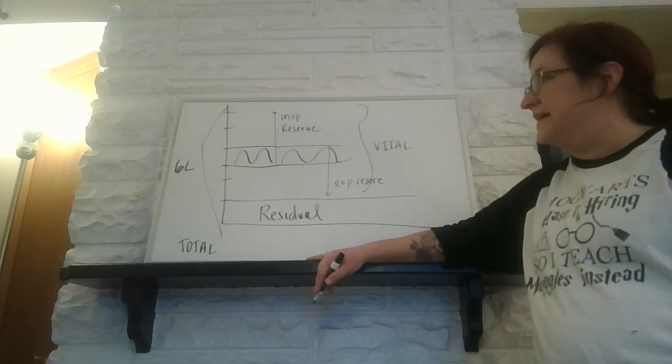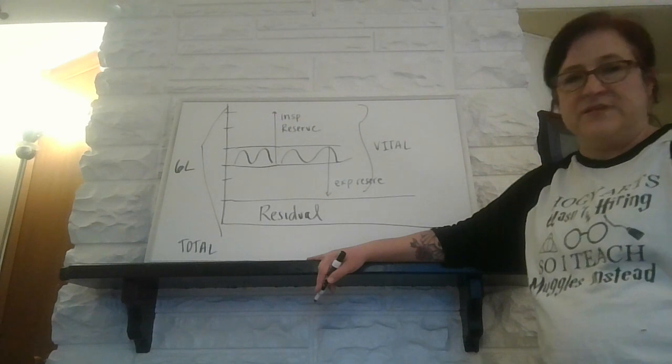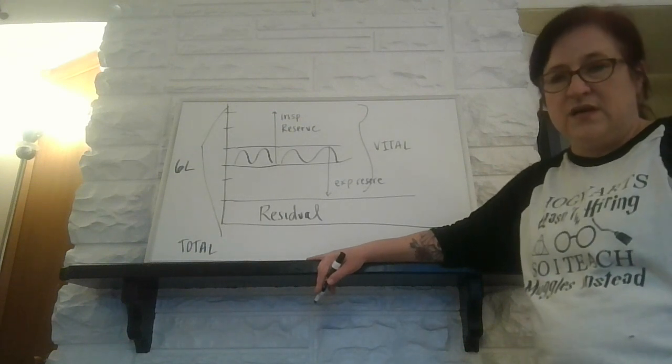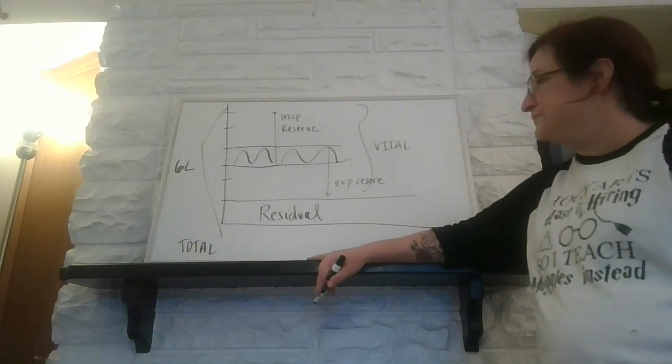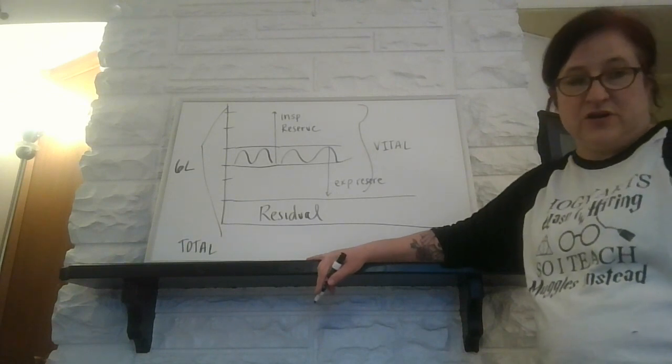So usually you breathe in and out somewhere between 400 to 800 milliliters of air with each breath, depending on the size of the person. And that is what you're always moving.